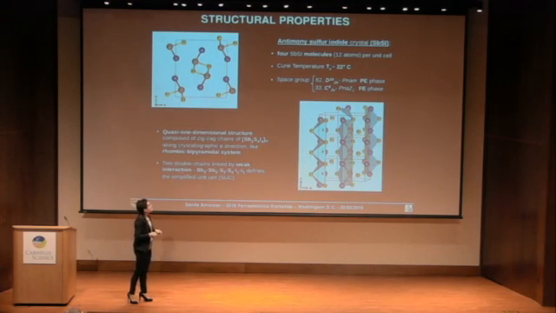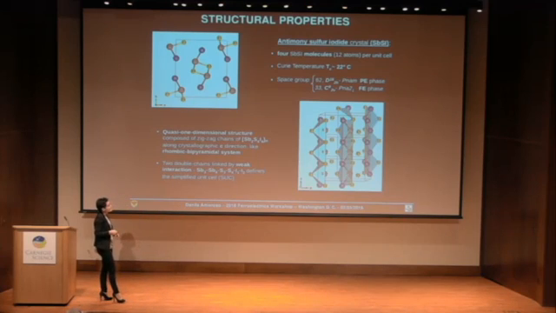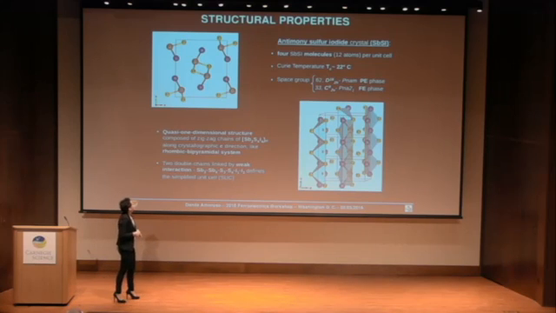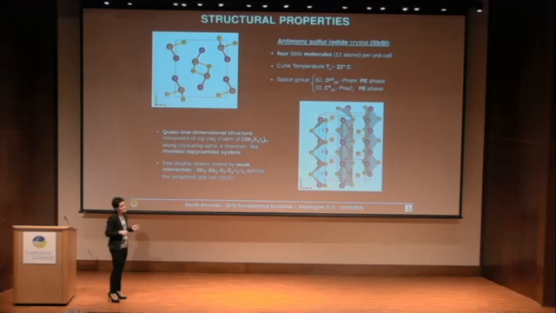Okay, going into the results, the antimony sulfur iodide crystal counts 12 atoms that are grouped in parallel layers in the XY plane, and we can visualize the crystal as a quasi one-dimensional structure composed of zigzag chains that extend along the c crystallographic axis.